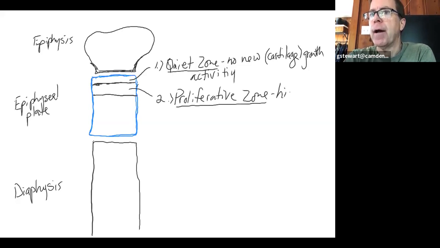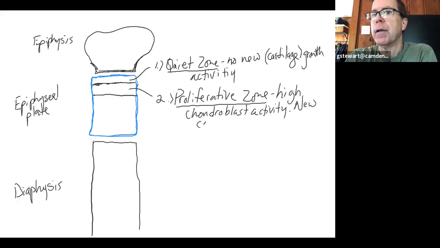So I'm going to write high chondroblast, that means immature cartilage cell, activity, period, new cartilage growth.